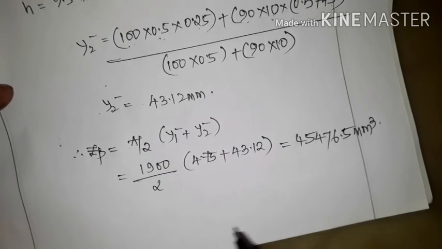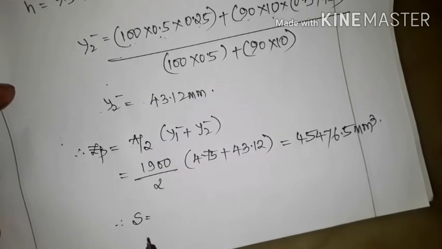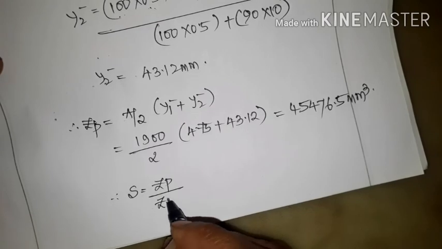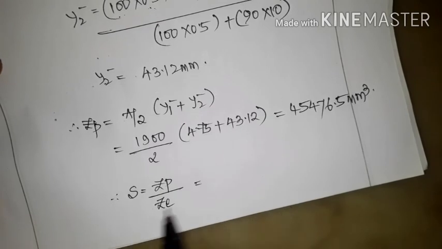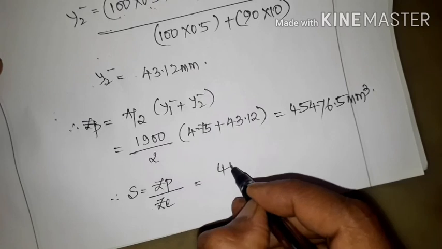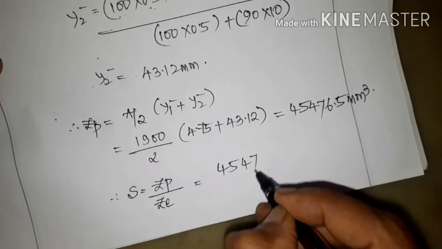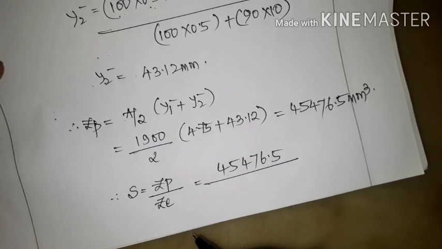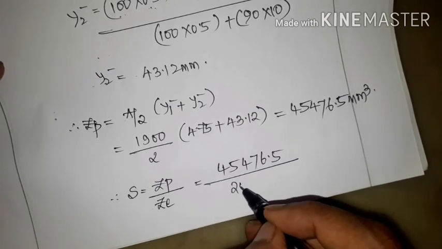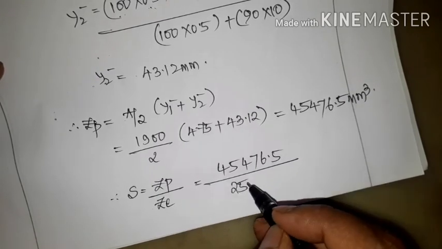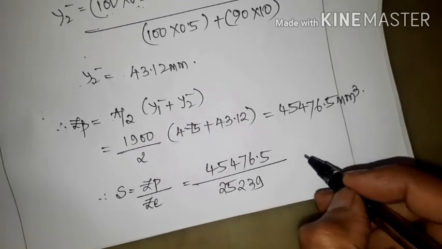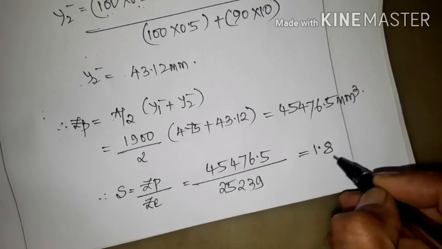Therefore the shape factor is equal to ZP by ZE. So ZP is 45476.5 divided by 25239. So we will get the shape factor as 1.8.